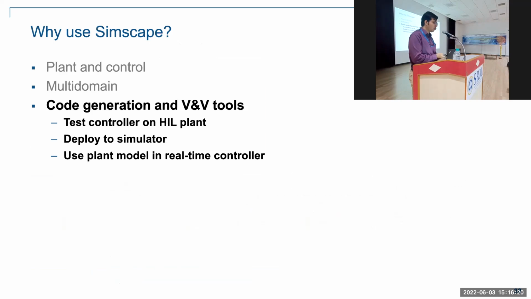Whatever code you are generating, code generation is a very important part. And depending upon the application, you might have to adhere to certain standards, like specifically for electric vehicles, you have ISO 26262. That part can be very easily taken care of by MATLAB and Simulink for you.